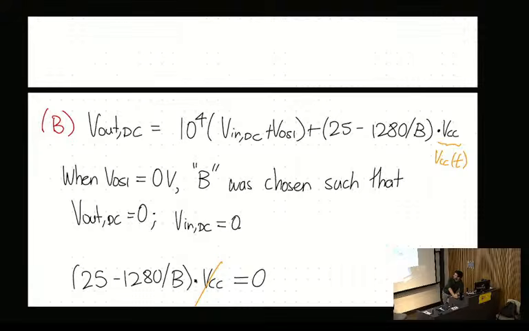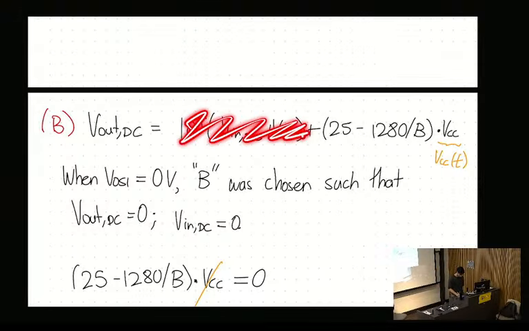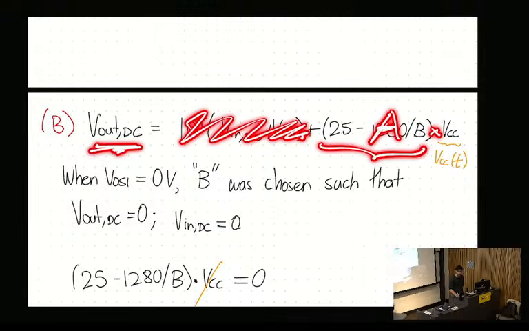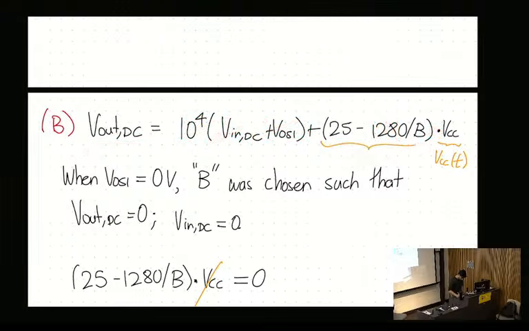Right? So treating it as a time domain signal, and that means if I do superposition again, and I say now I don't care about the input signal, now I care about the AC signal at the power supply, then I can just ignore this, and I have a relationship of V out equals A times VCC, where this is my gain of the power supply. So then that now becomes my gain of power supply.